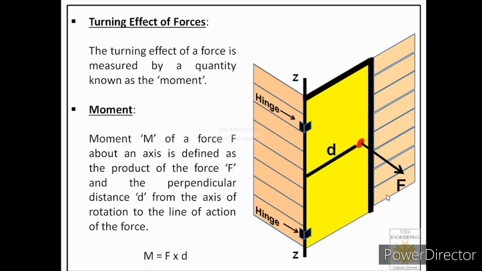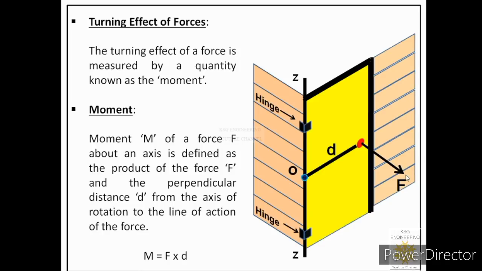So if we have to find out the turning effect produced by this particular force on the door shutter, then that will be equal to the product of the magnitude of the force applied and the perpendicular distance between axis of rotation and line of action of the force.